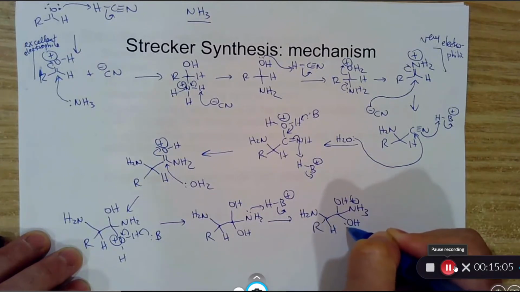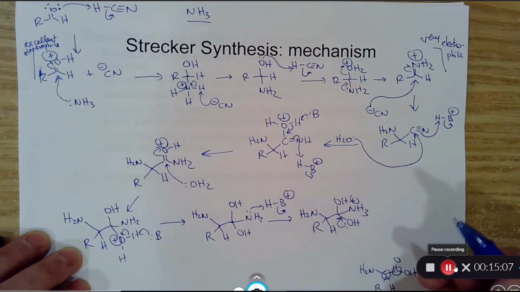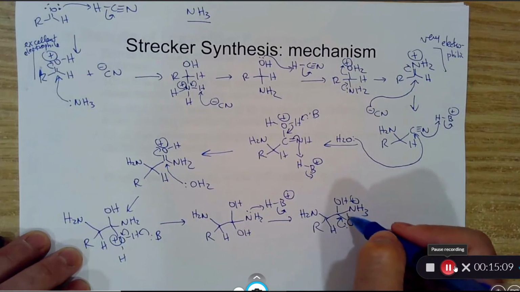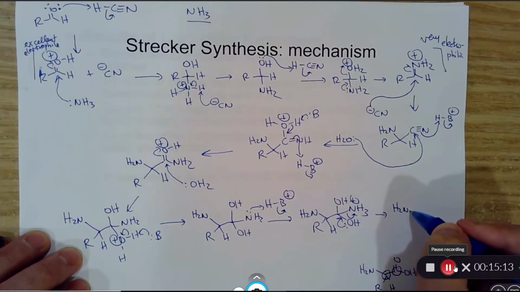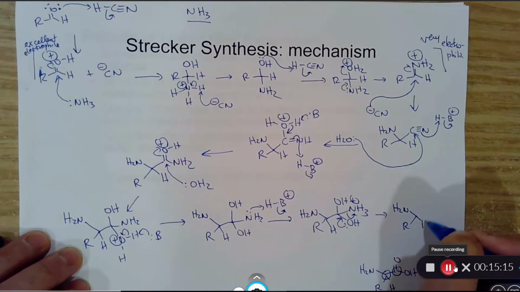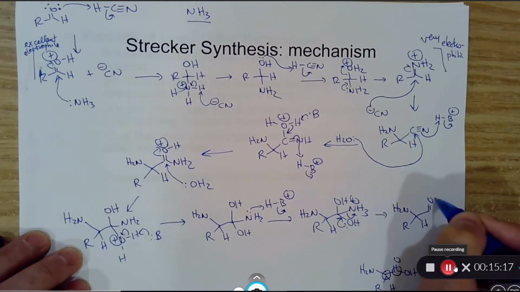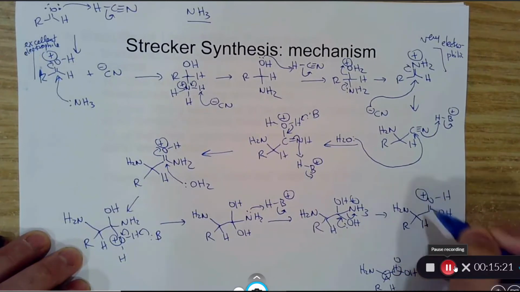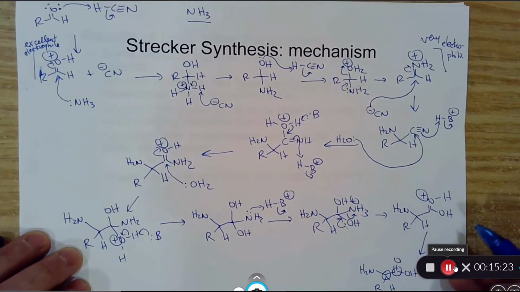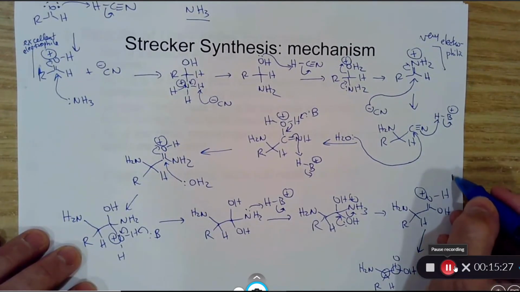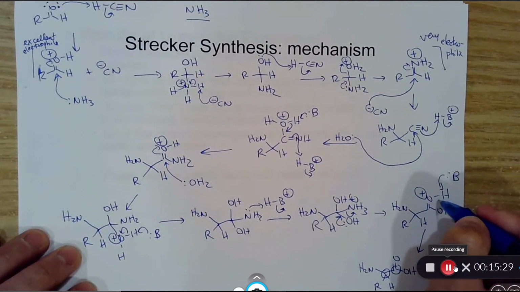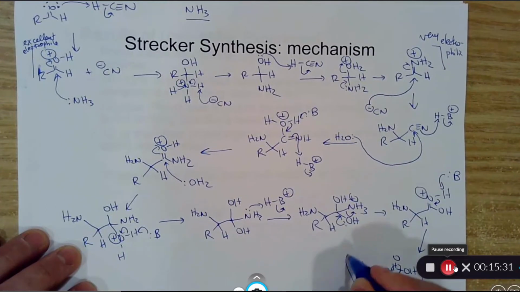And then at this stage, we can take electrons from an oxygen that will come down and help kick off the ammonia molecule. And then finally, at this stage, all we need to do is a proton transfer to remove that proton to give us our amino acid.